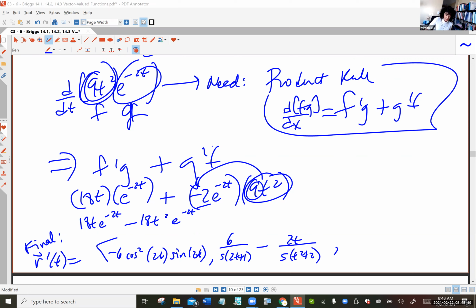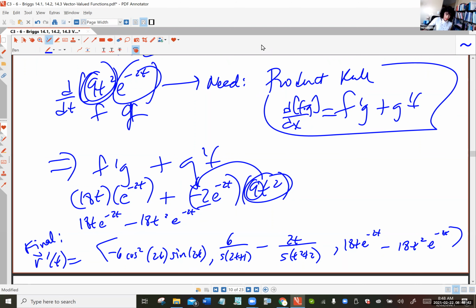I don't require that you try and rewrite that as a single quotient. Just skip it. And then finally, the last thing we did there, which was the product rule. And we're done with this. Wow, that took a while. That was nuts. Okay. So there is the derivative of a vector valued function.